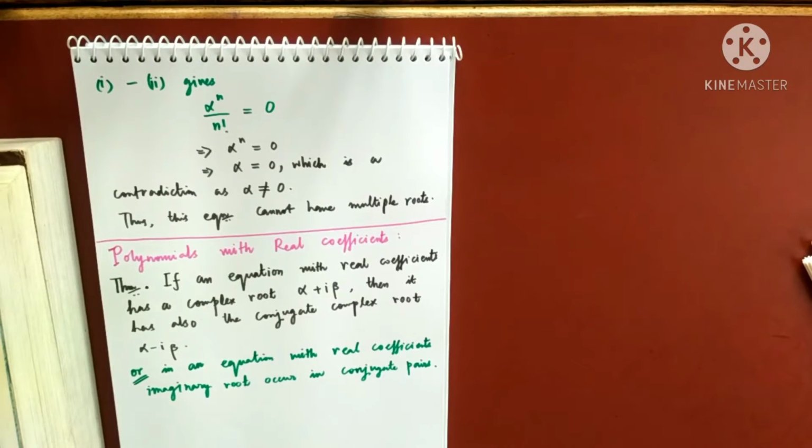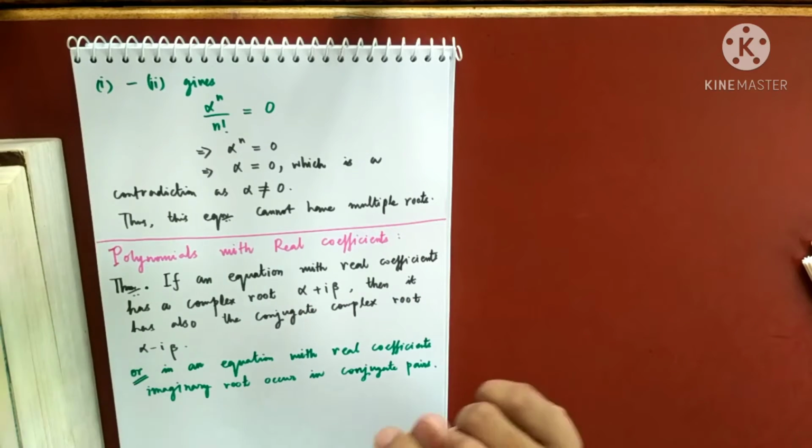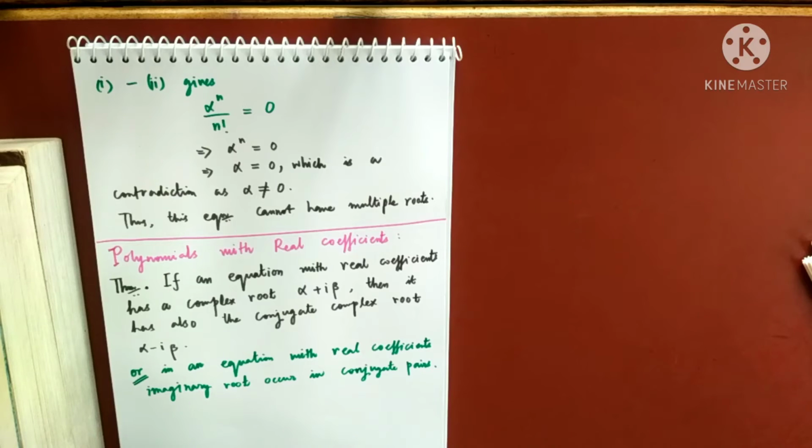Okay, so in the last class, I was talking about this theorem. From now onwards we'll be working only with polynomials with real coefficients. This is the first theorem relating to polynomials with real coefficients, which says that if I have a polynomial with real coefficients and suppose it has a complex root alpha plus i beta, then this theorem guarantees that the equation will also have its conjugate complex root alpha minus i beta.